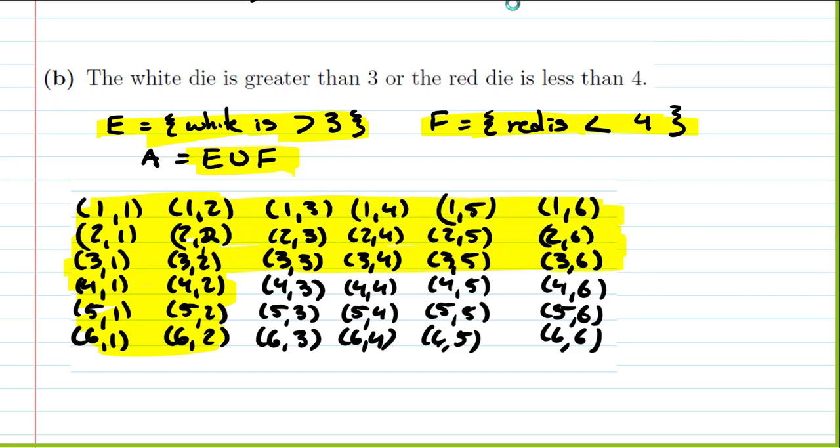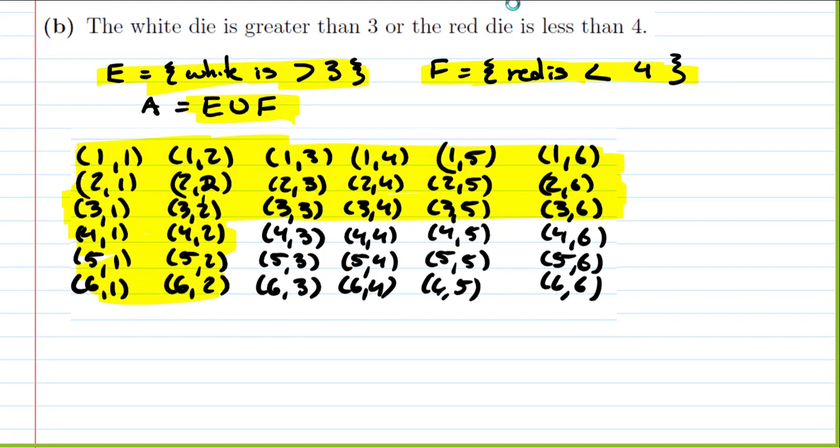And since it's an or, we get something that looks like this, because we want the event E or the event F. Okay, so then our event E or F would be represented by this.